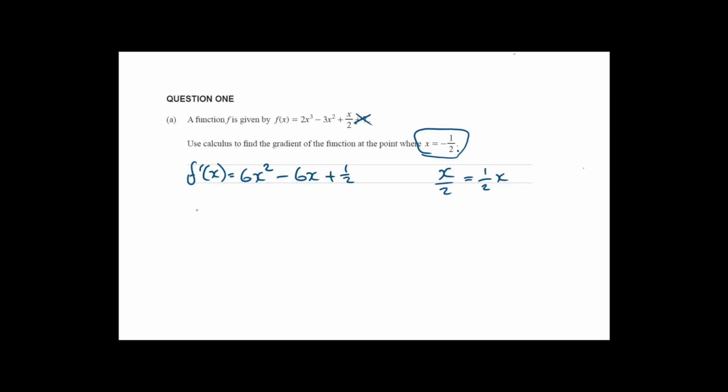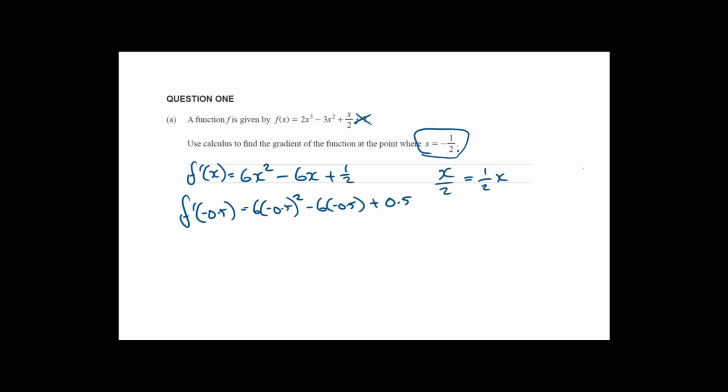So what do we do then? We substitute in negative 0.5. So it's going to be 6 times negative 0.5 squared minus 6 times negative 0.5 plus 0.5. I'm just going to put these as decimals.